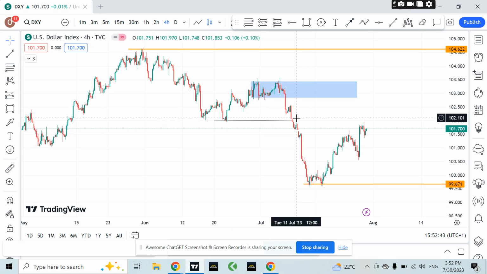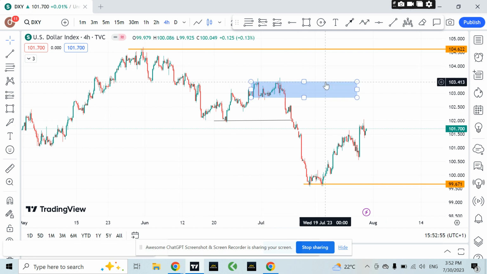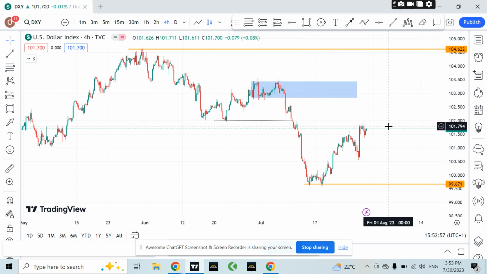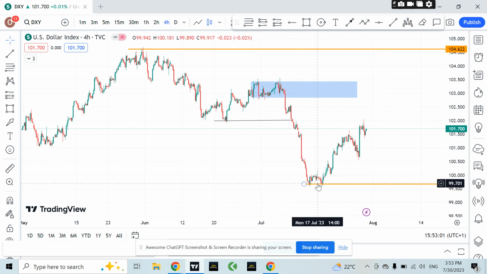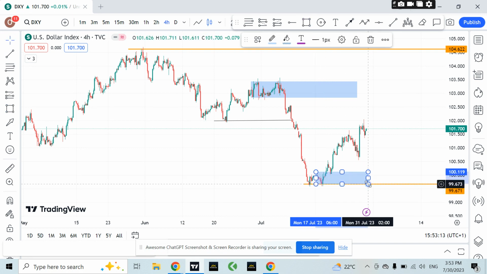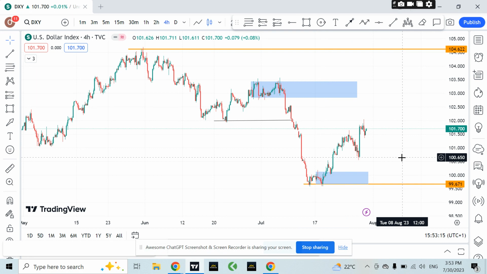It's still a downward move, and the market is pushing up to come to this level, fill the imbalance that is left here, and also mitigate this zone. I've already marked this zone, and it is a key zone, and this other level is our recent low. This is actually the daily time frame, which we can mark to be our demand zone.